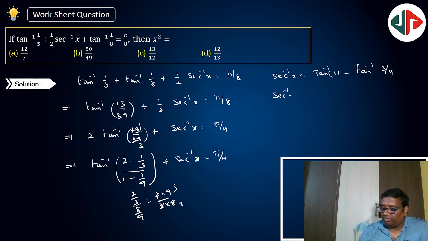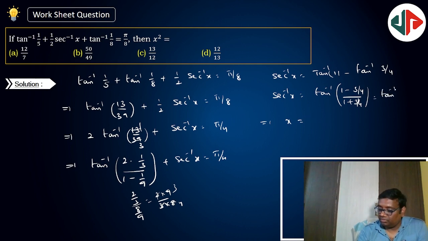Now secant inverse of x is equal to tan inverse of, if we simplify, 1 minus 3 by 4 by 1 plus 3 by 4. If we simplify, then x square minus 1 value is, this is nothing but tan inverse of 1 by 7.